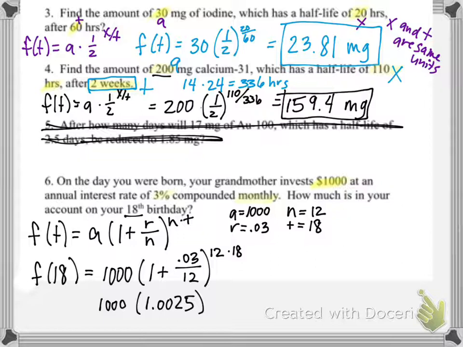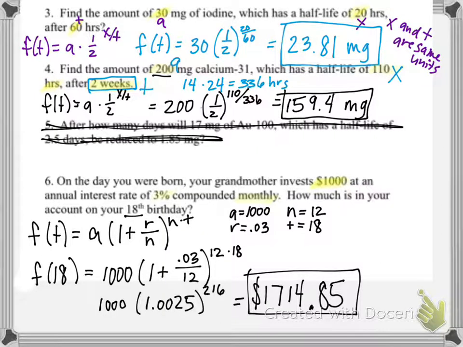And then 12 times 18 is 216. So when I plug that into my calculator, raised to the 216th power, you end up getting $1,714.85. That'd be a period, not a comma.